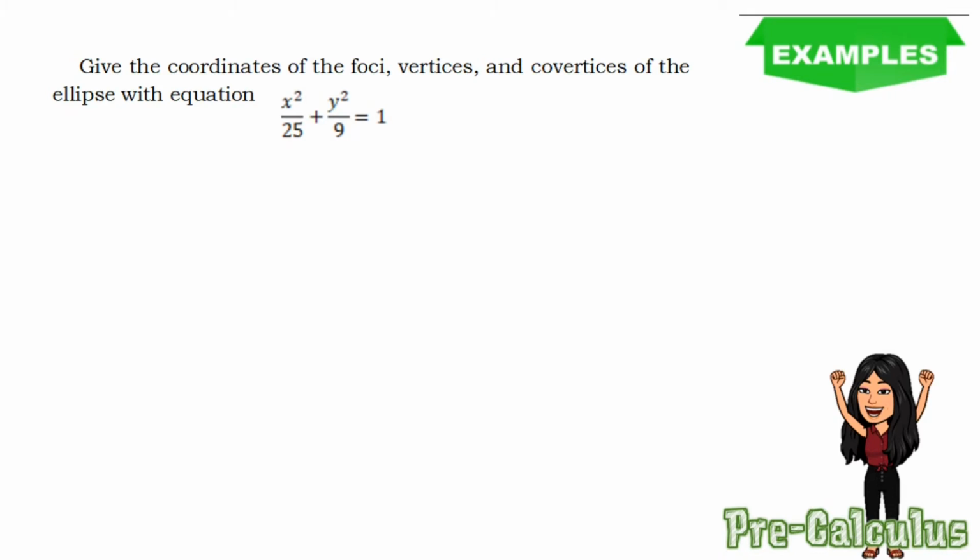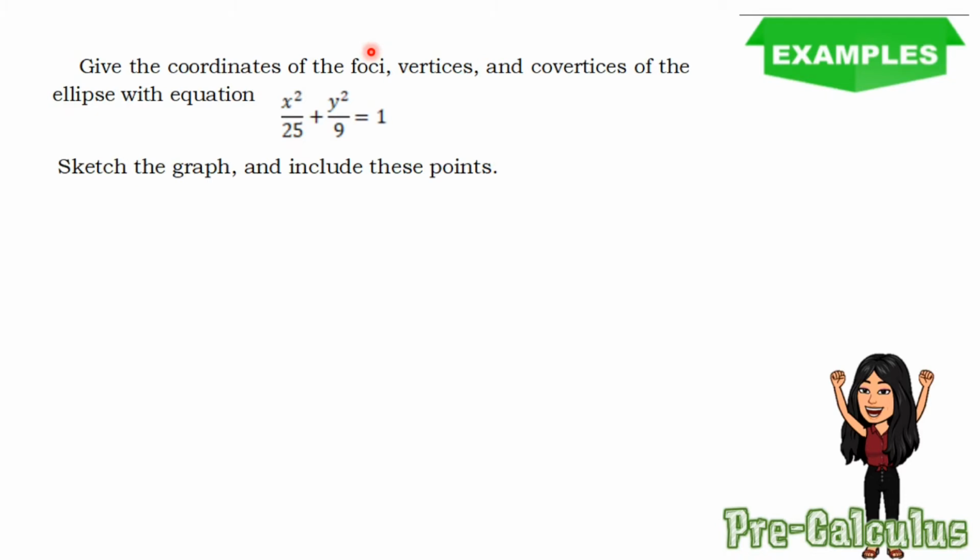Now, how do we do that? Let us look at our equation. We said earlier, if the denominator of the x part is bigger than the denominator of the y part, our ellipse is horizontal. So, based on our equation, our ellipse is horizontal.